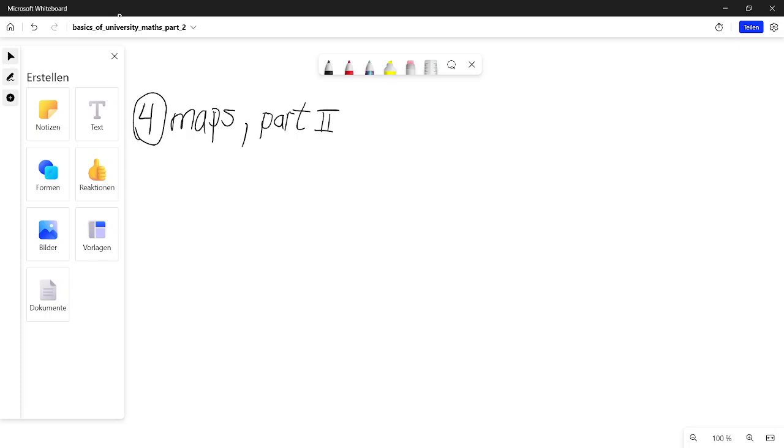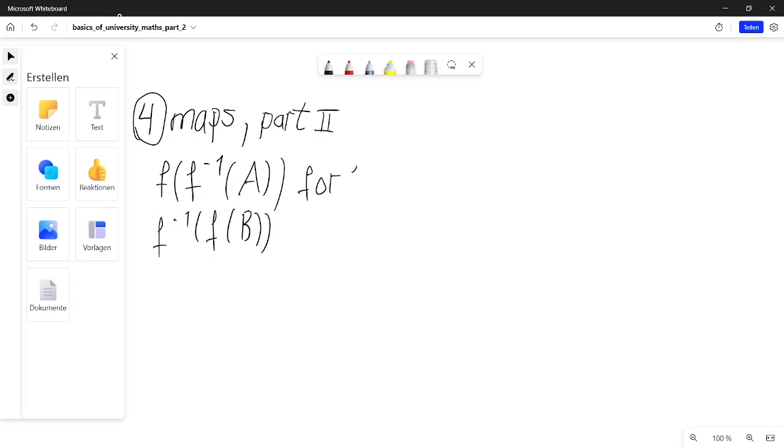And next up, we'd like to take a look at the following objects. Of course, again, for f being a map from some set X to some set Y, right?